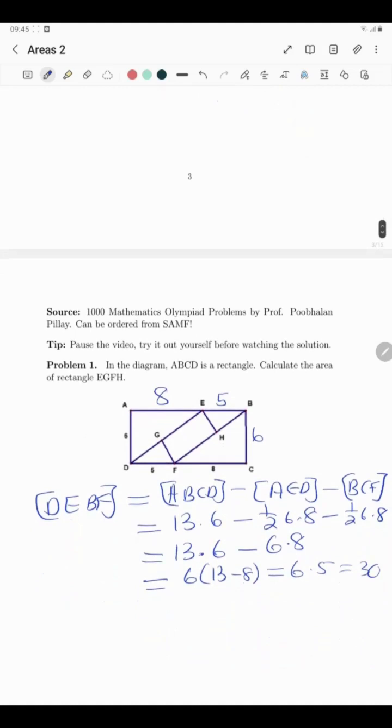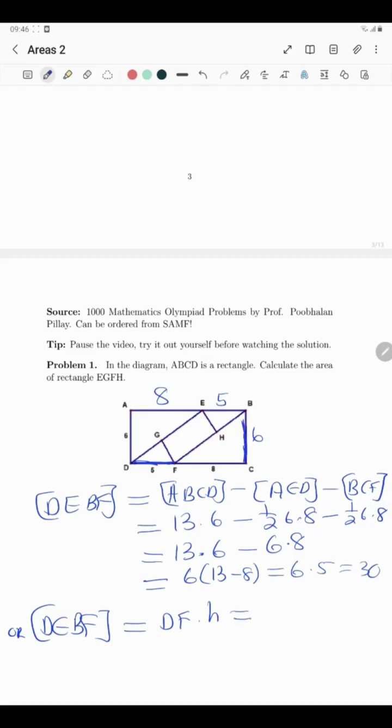Now there's an alternative way you could have worked out the area of parallelogram DEBF. If you decide to use the base DF, then you need the appropriate vertical height. And can you see in the diagram what is the vertical height if you're using base DF? Yes, you can see it, it's BC.